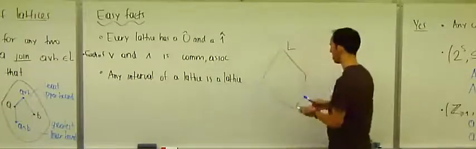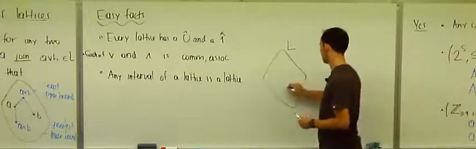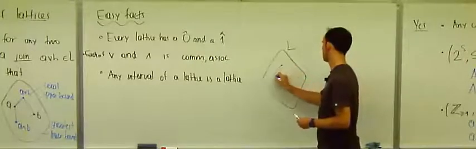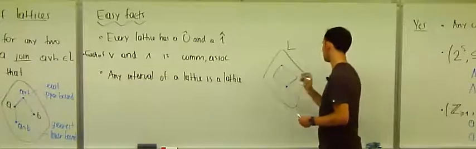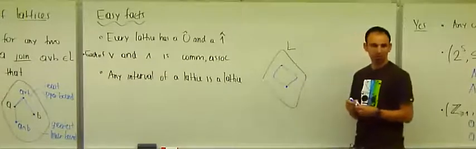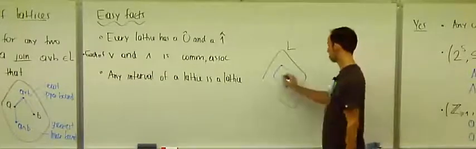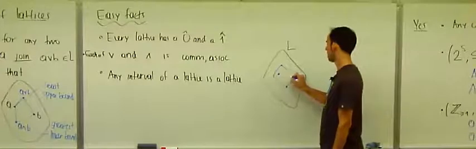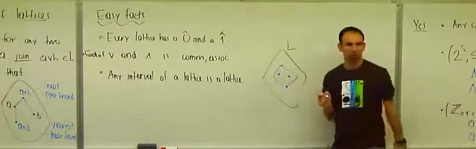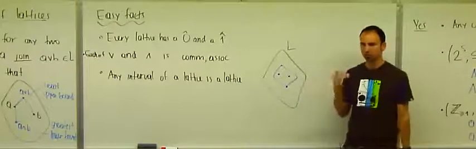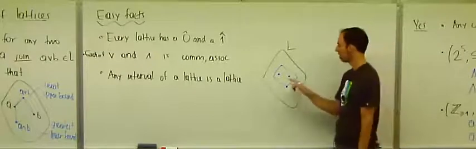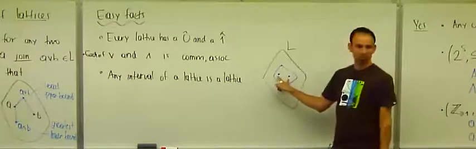Let's take an interval. So this is going to be the bottom of the interval and the top of the interval. Okay? And I want to claim that this is a lattice. So I want to show that any two elements in the blue subinterval have a least upper bound and a greatest lower bound. Okay? What is the least upper bound of these two things?